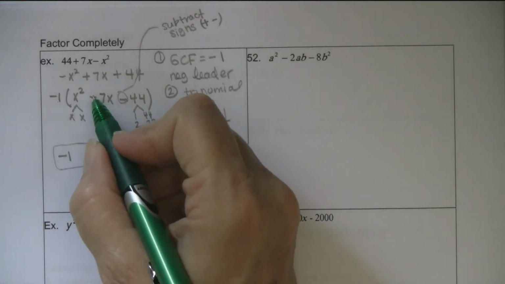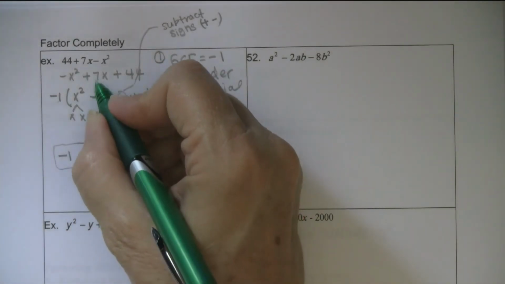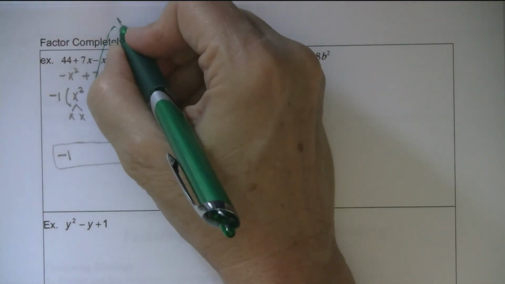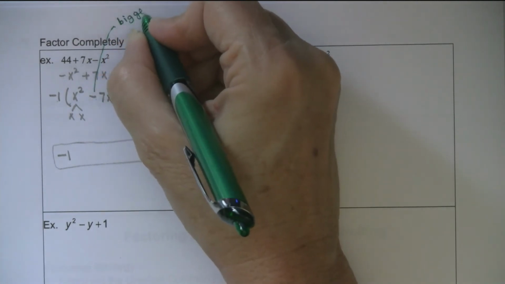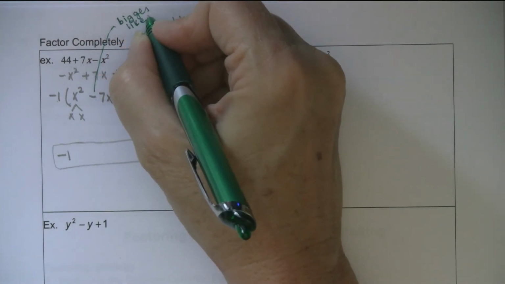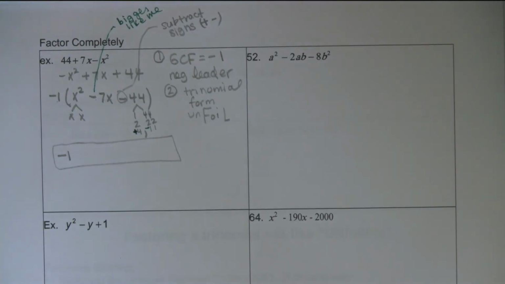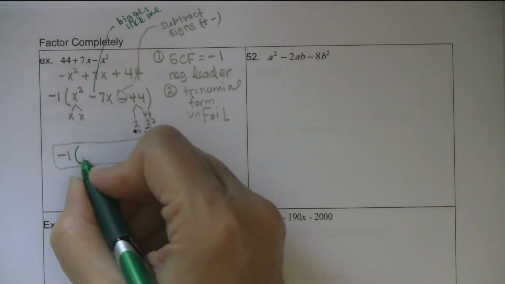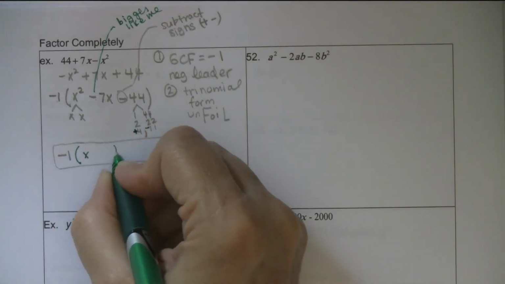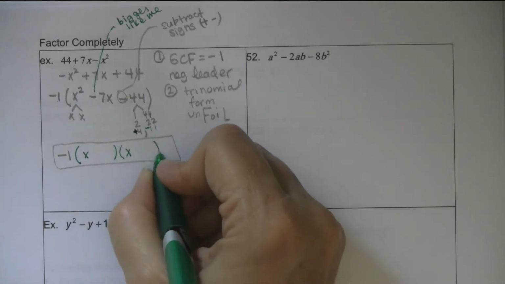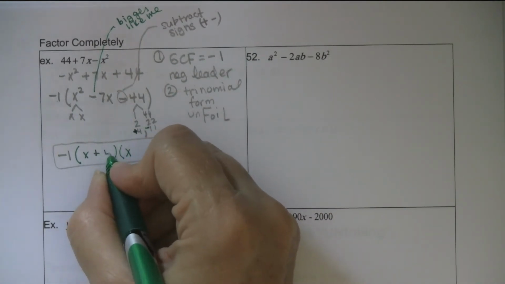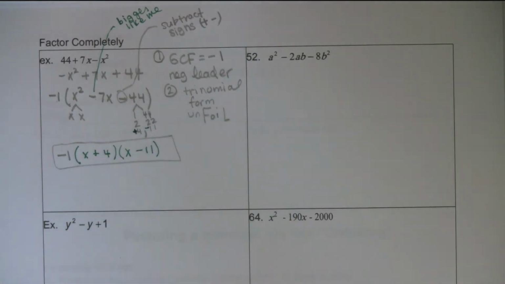And this sign says the bigger of your numbers, 4 and 11, 11's bigger, the bigger is negative, right? So now we're going to fit this stuff in here. X goes in the first spots, and in the second spots, plus 4 and minus 11.